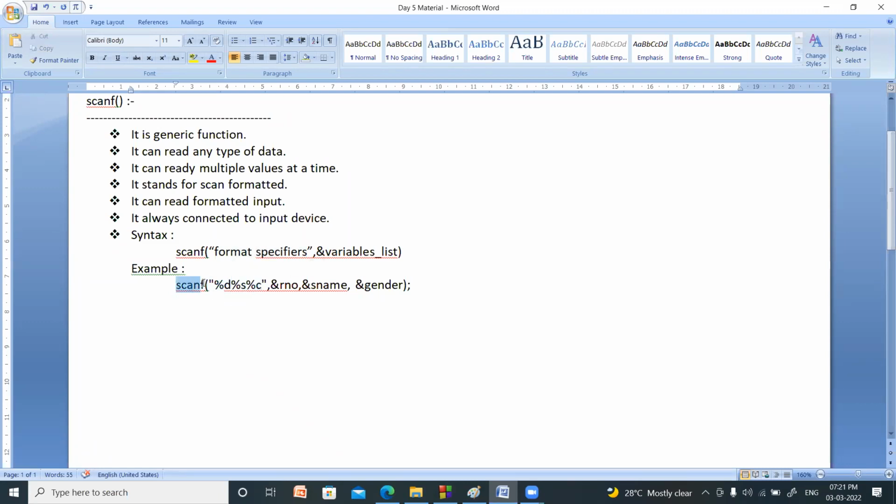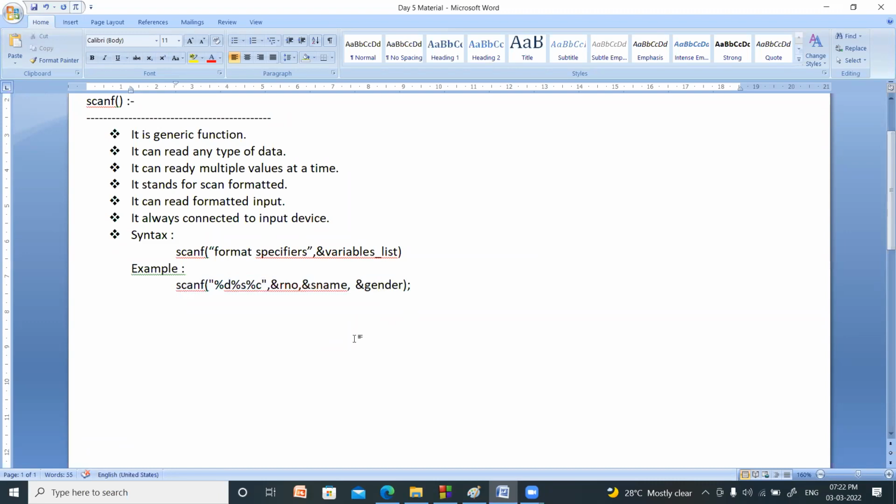By using this scanf function, I am going to read a number, a string, a character, and store the result in the roll number variable, the sname variable, and the gender variable. So I read the data by using scanf like this.